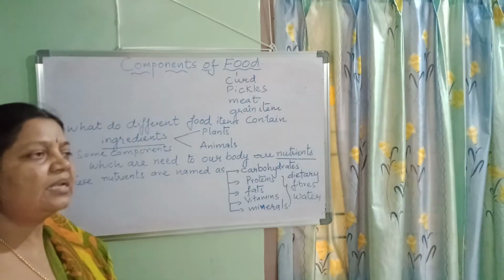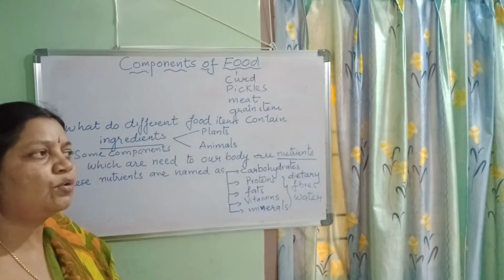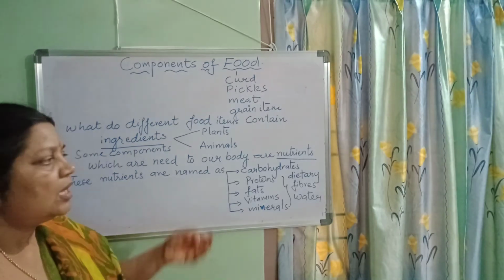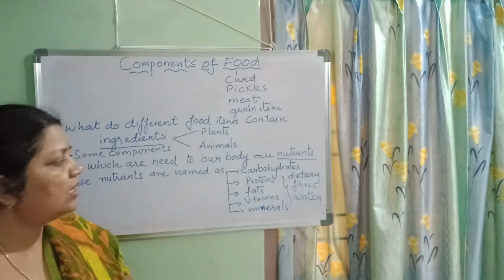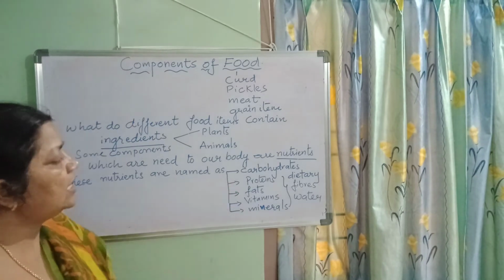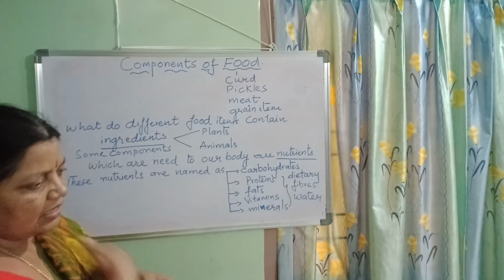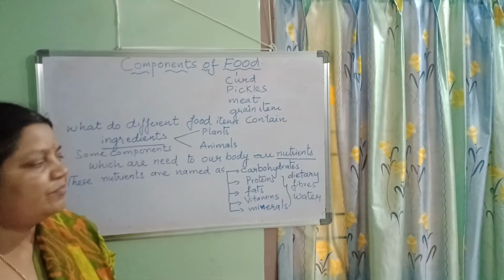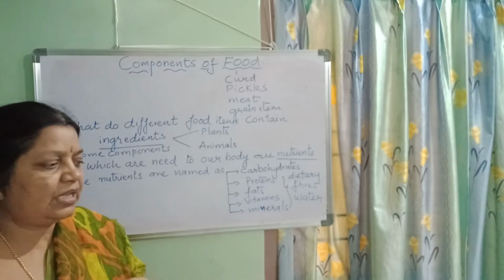Easily we can test any food item, raw or cooked, with some chemicals from the laboratory, and know whether it is a carbohydrate, a protein or a fat.